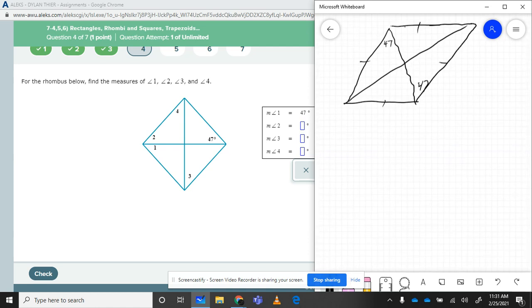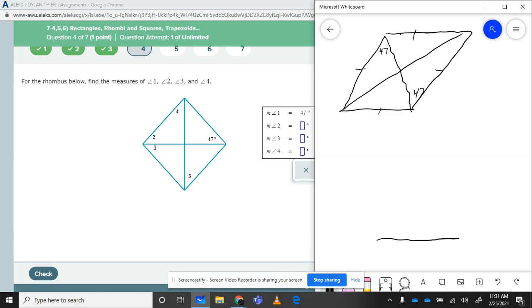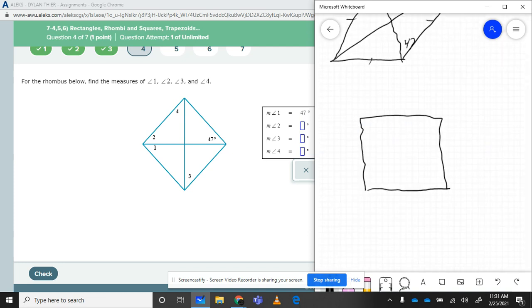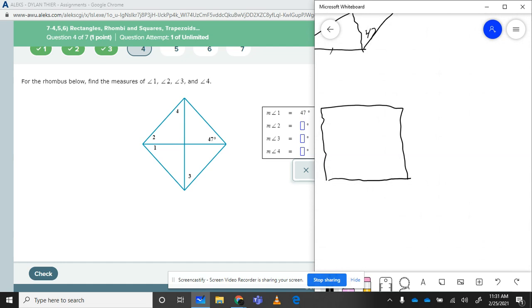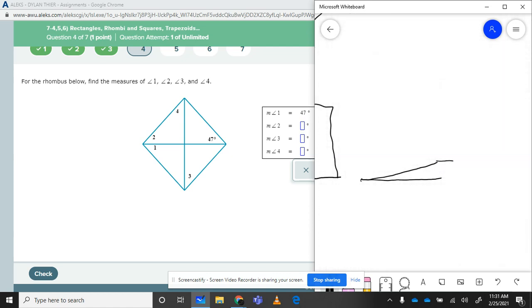90, because a rhombus is basically like a square. Like if you took a cardboard box and you started pushing it over so that it fell on its side, you could get increasingly flat sides.